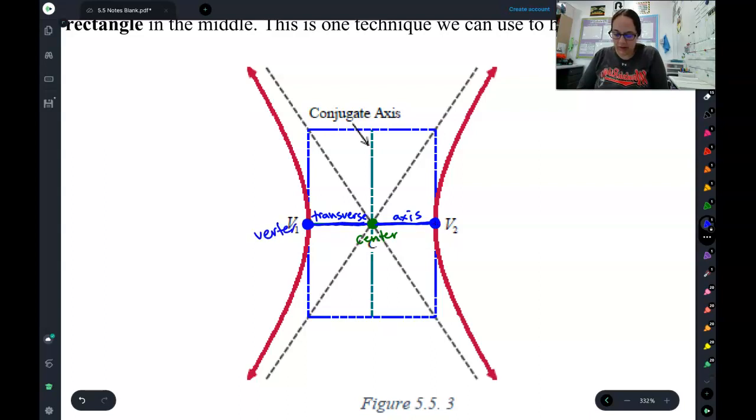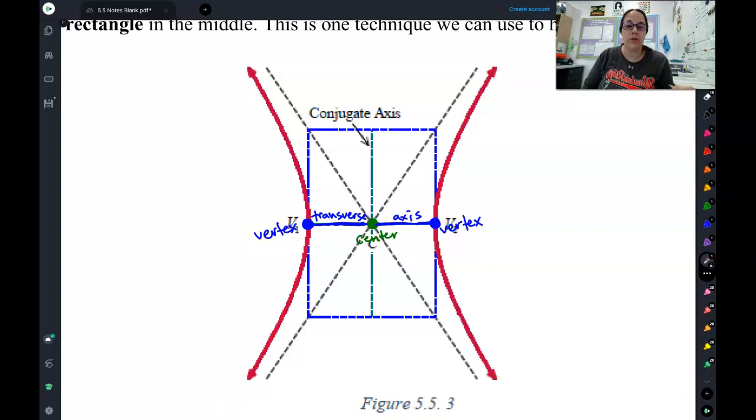So just like we had two vertices for an ellipse, we have two vertices for a hyperbola. Now, another vocabulary word. These red pieces of our hyperbola, we call those the two branches of our hyperbola. So the vertices go at the middle of those branches, and the transverse axis connects the vertices.